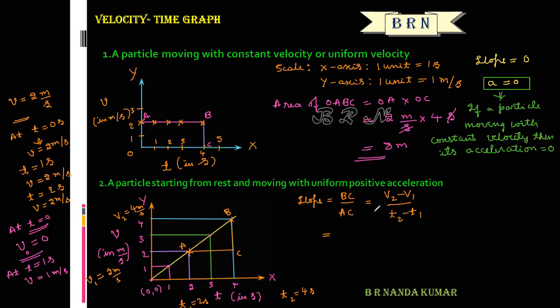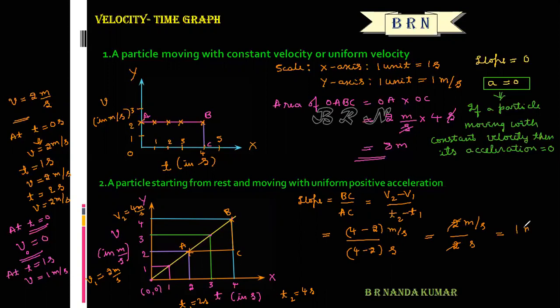V2 minus V1 is 4 minus 2, in meter per second, and T2 minus T1 is 4 minus 2 seconds. So 4 minus 2 is 2 meter per second divided by 4 minus 2, that is 2 seconds. The 2s cancel here.